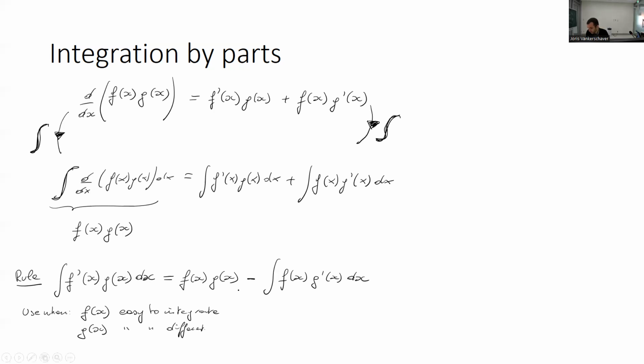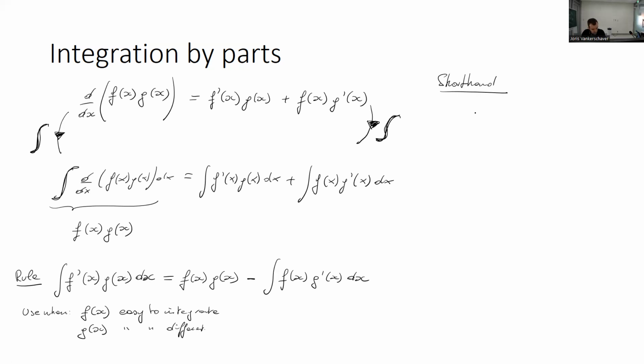Because you see, if I want to apply this rule, I'm going to have to take g prime, the derivative of g. So I want to put something here that's easy to differentiate. If I can't calculate the derivative, I can't even apply the rule. This is a bit vague, but we'll see a couple of examples. Just before we go to the examples, I want to give you an easy shorthand to remember this.